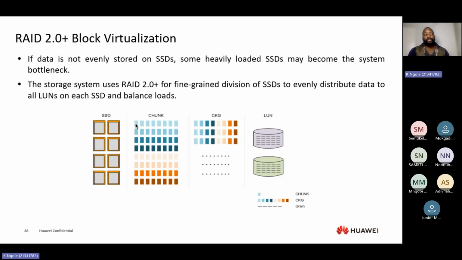The physical disk will be sliced into small units, which we're going to call chunks or CKs. So a chunk is just a block of storage space. Let's say the whole disk is 500 gigabytes, and each chunk will only be maybe 10 kilobytes. So that's how we're going to have it. So instead of managing the whole disk in one big piece, the system will manage these small chunks or CKs. All right, so that's what block virtualization means.